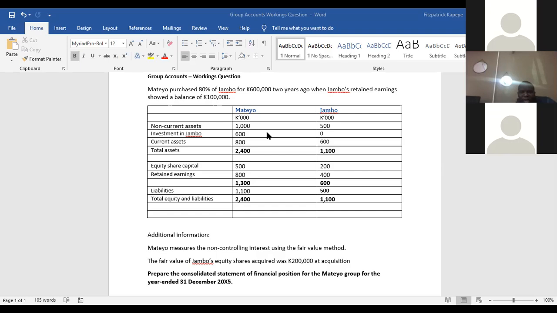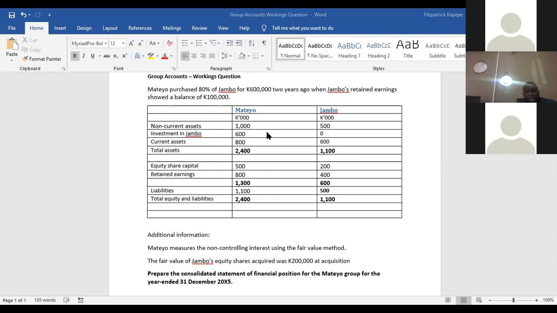Equity shares acquired 200 at acquisition. So this one never changed, this one is okay. We'll leave it. When you come to the fair value at acquisition, this one at report date never changed.